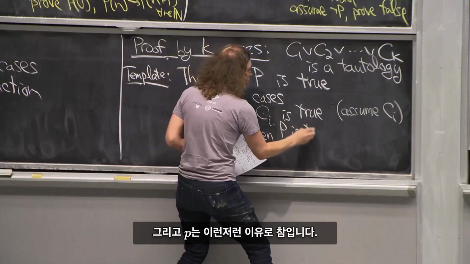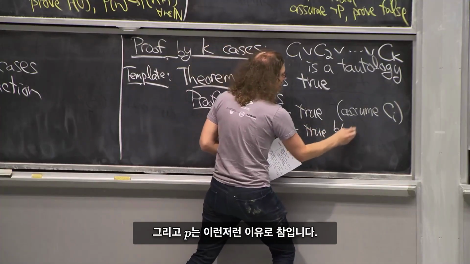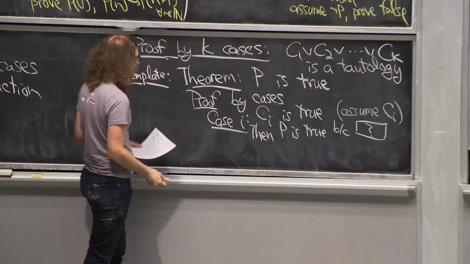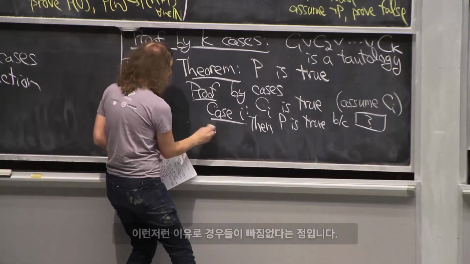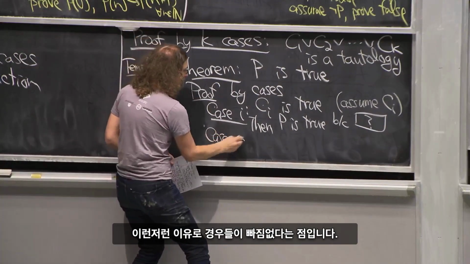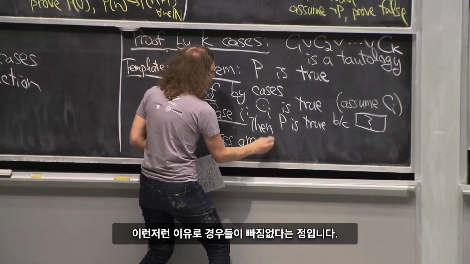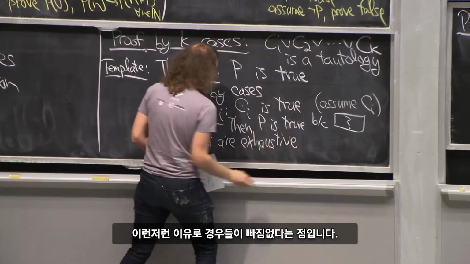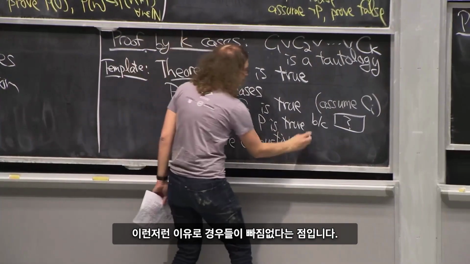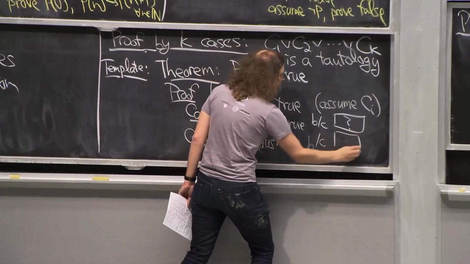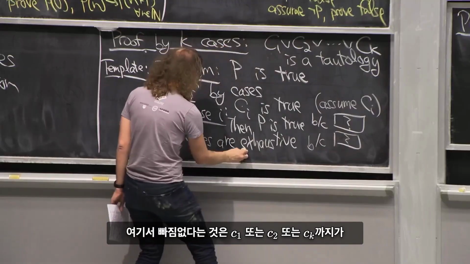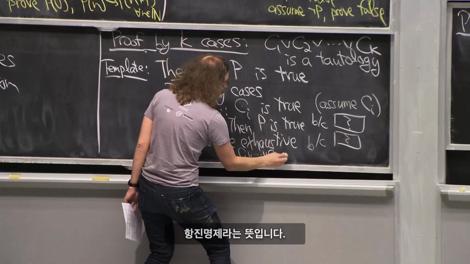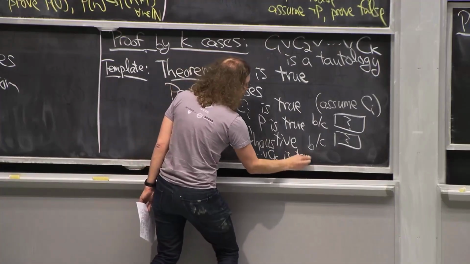And P is true because reasons. And then here it's especially important to say that the cases are exhaustive because reasons. And exhaustive here just means that C1 or C2 or up to CK is a tautology.